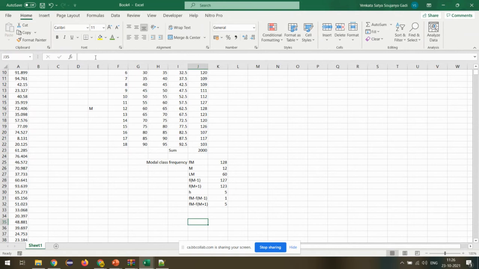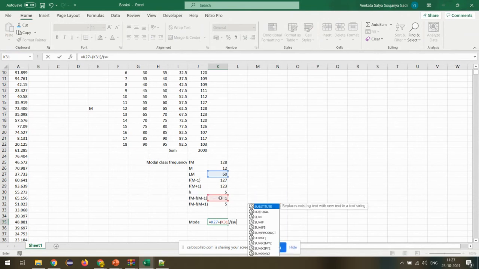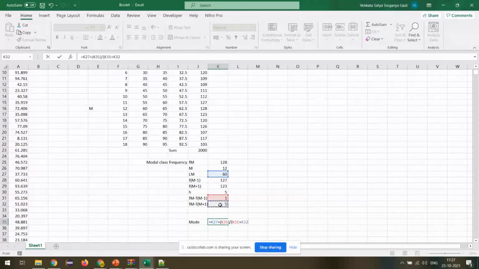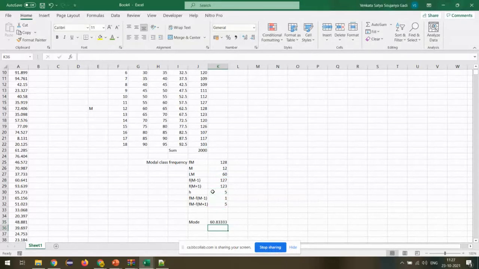Now the mode calculation says we need the lower boundary plus the difference divided by the sum of these two differences. This one plus this one, and then we multiply with the h, and the answer is 60.833. That's the mode, right?